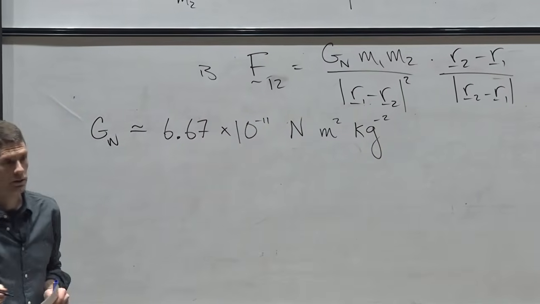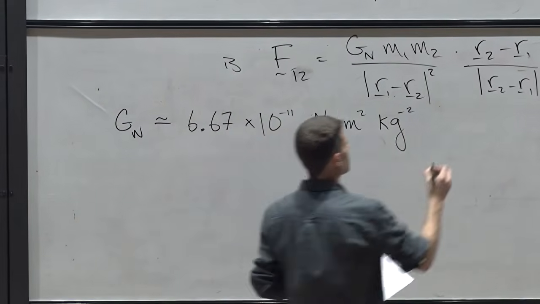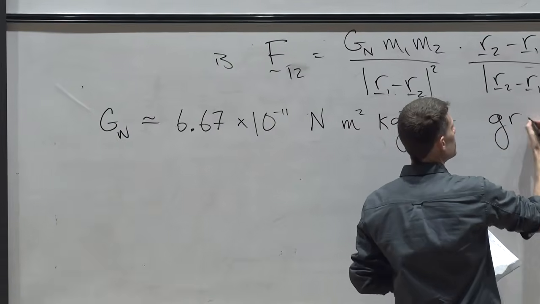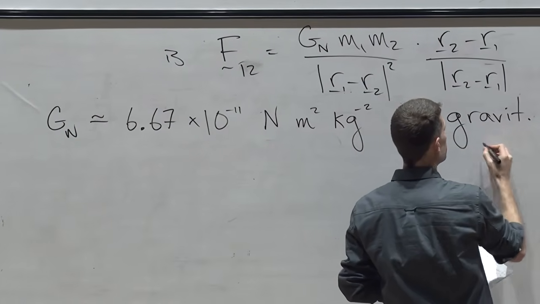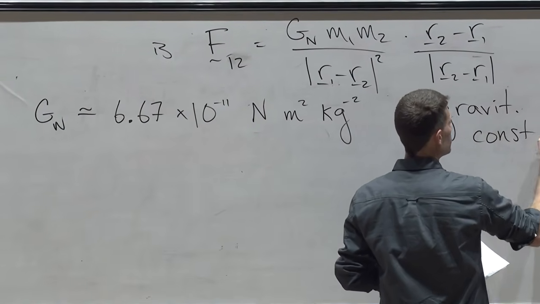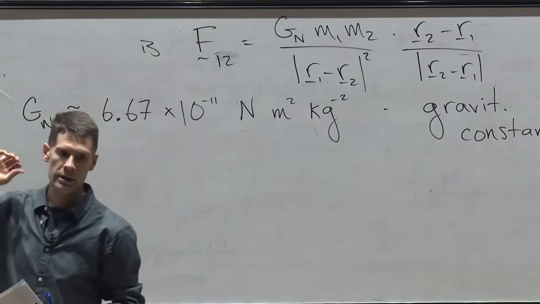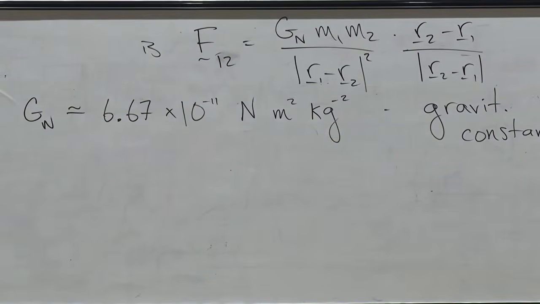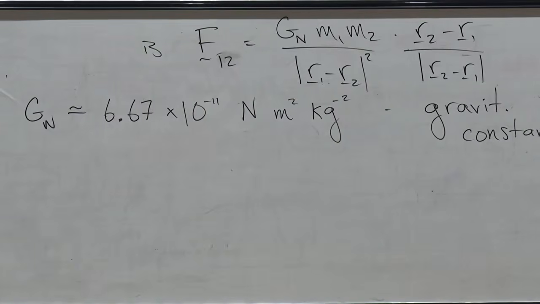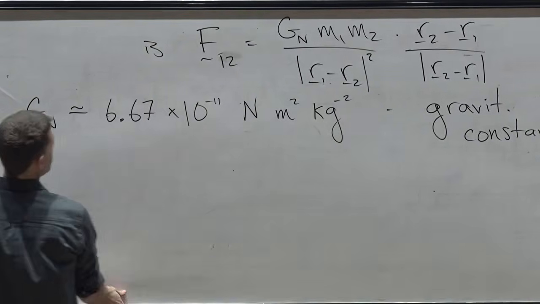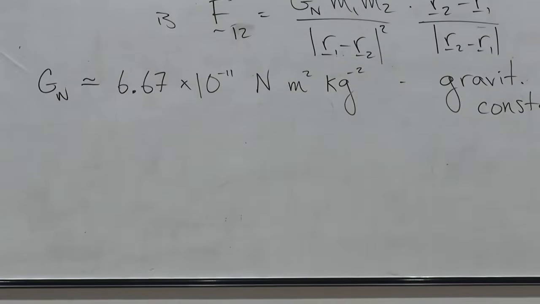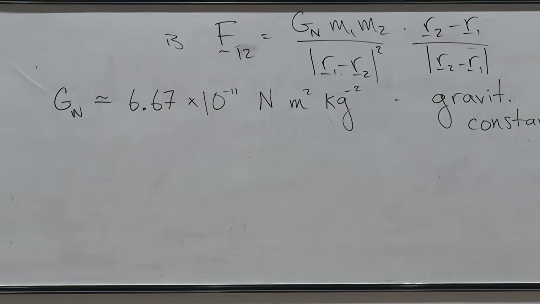That is the gravitational constant. The same constant will apply for the attraction between Jupiter and the Sun as for any other matter in the universe, at least within Newtonian gravity.